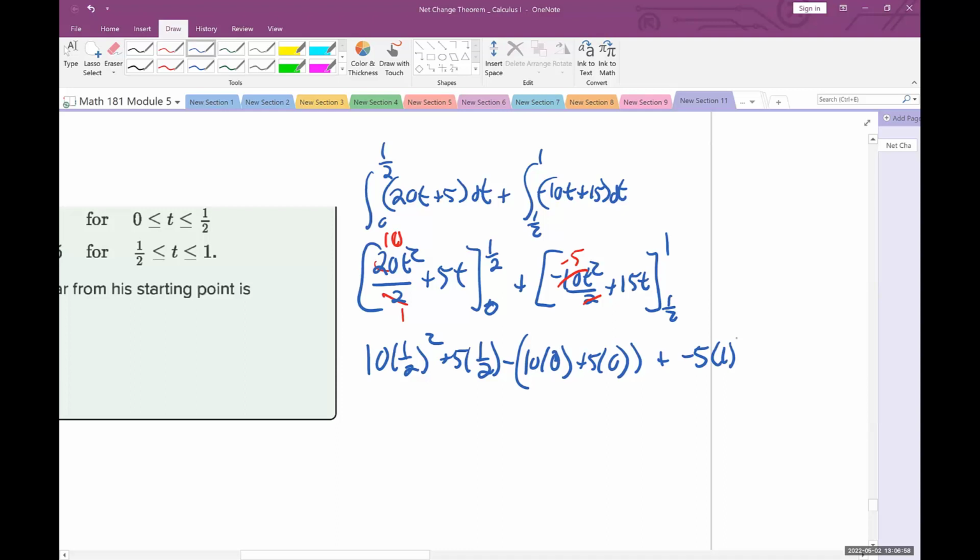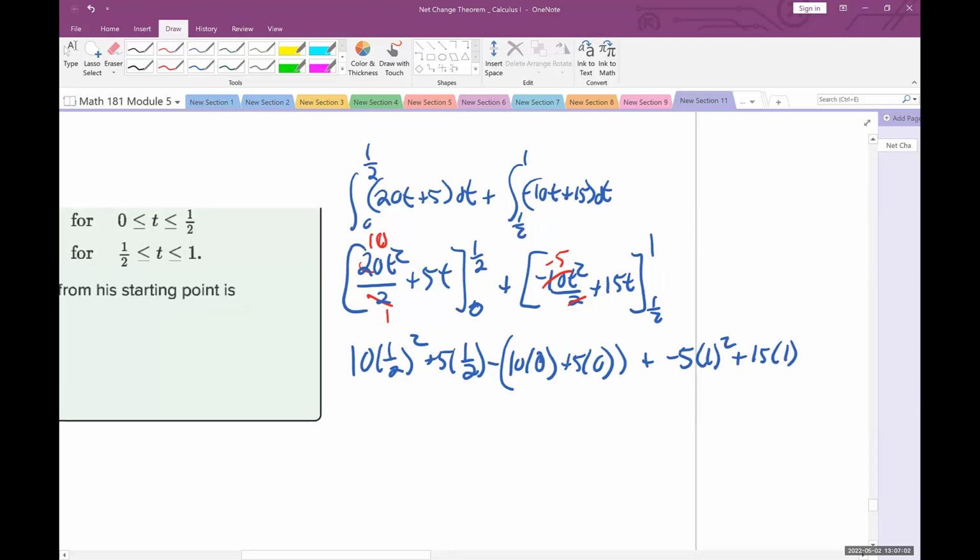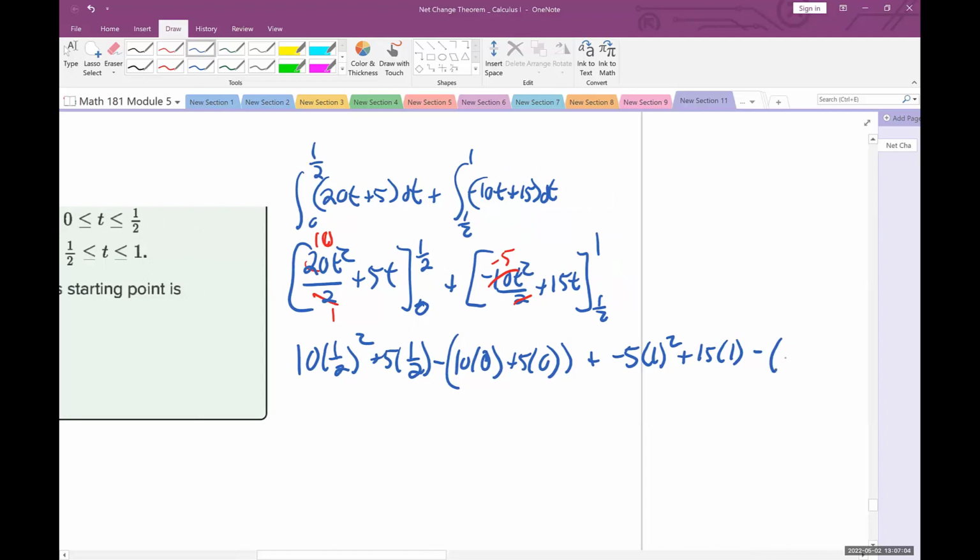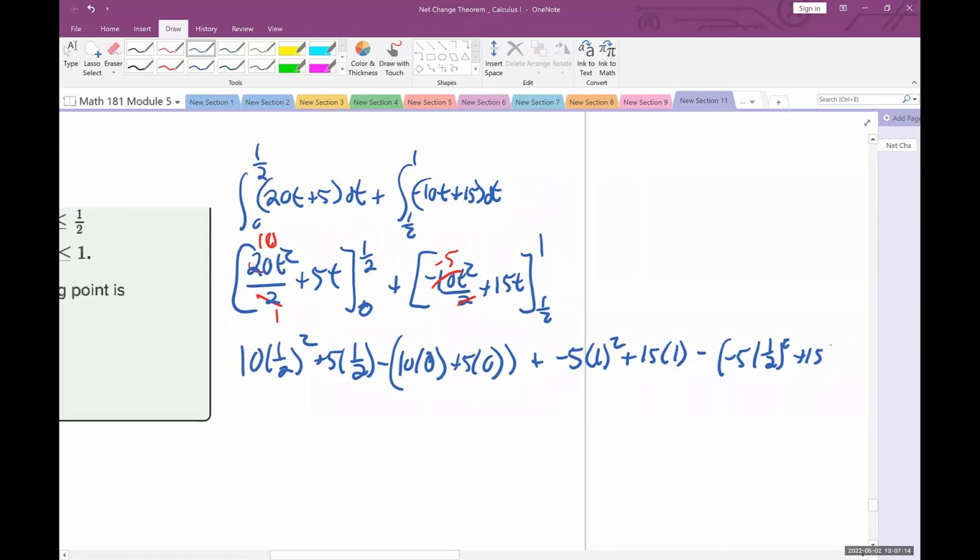Negative 5 times 1 squared plus 15 times 1 minus negative 5 times 1/2 squared plus 15 times 1/2.